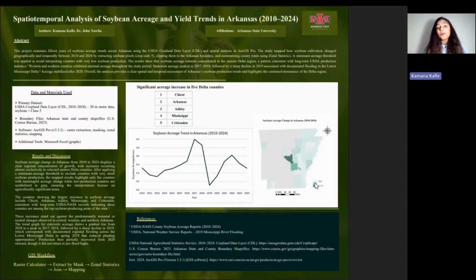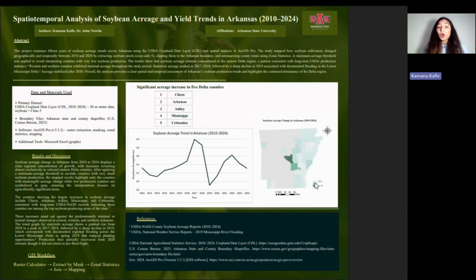The results show a very clear geographic divide in soybean production. After applying the acreage threshold, the counties that stand out with the largest increase from 2010 to 2024 are Craighead, Arkansas, Ashley, Mississippi, and Crittenden.